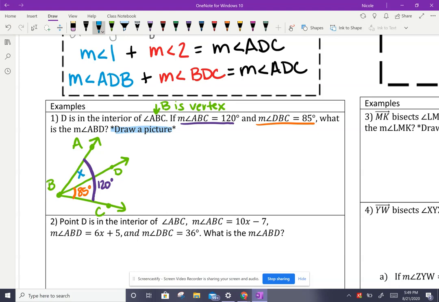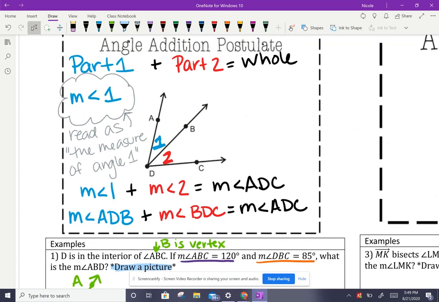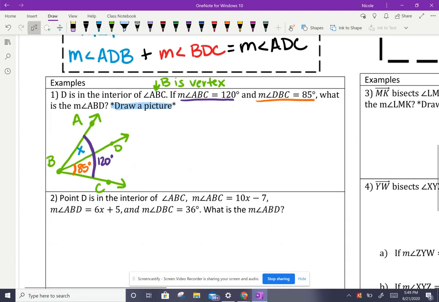Keep in mind the angle addition postulate: part plus part equals whole. In my angle, I have the part I don't know, the measure of angle ABD, plus the measure of angle DBC, and that all together is going to equal the measure of angle ABC. Now I can plug in the pieces of information that I know.